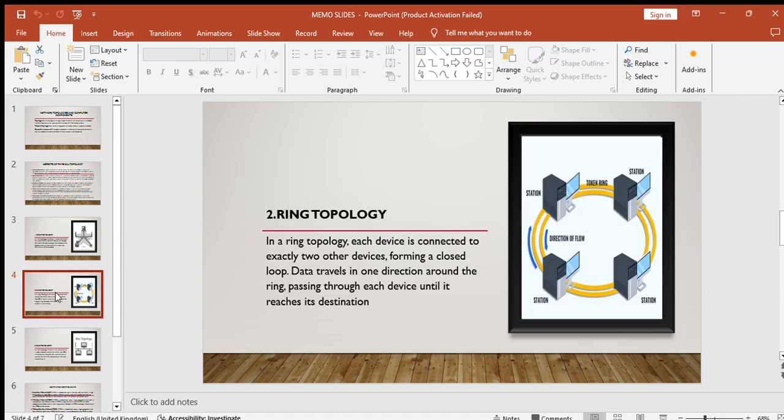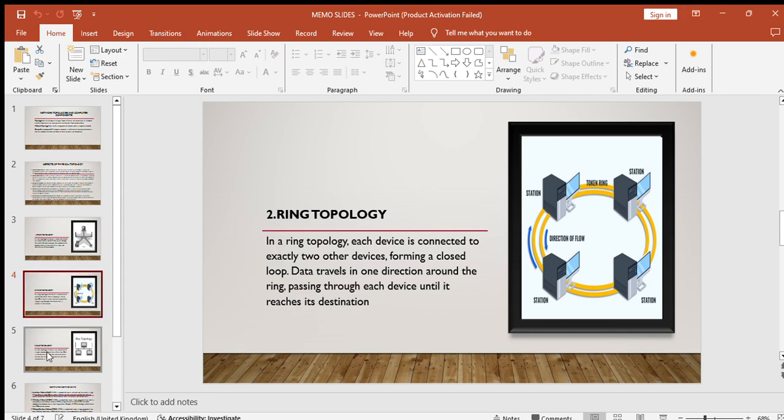Okay, we have the second topology, that is ring topology. In a ring topology, each device is connected to exactly two other devices, forming a closed loop. Data travels in one direction around the ring, passing through each device until it reaches its destination. I believe you can see it. Can you see it?